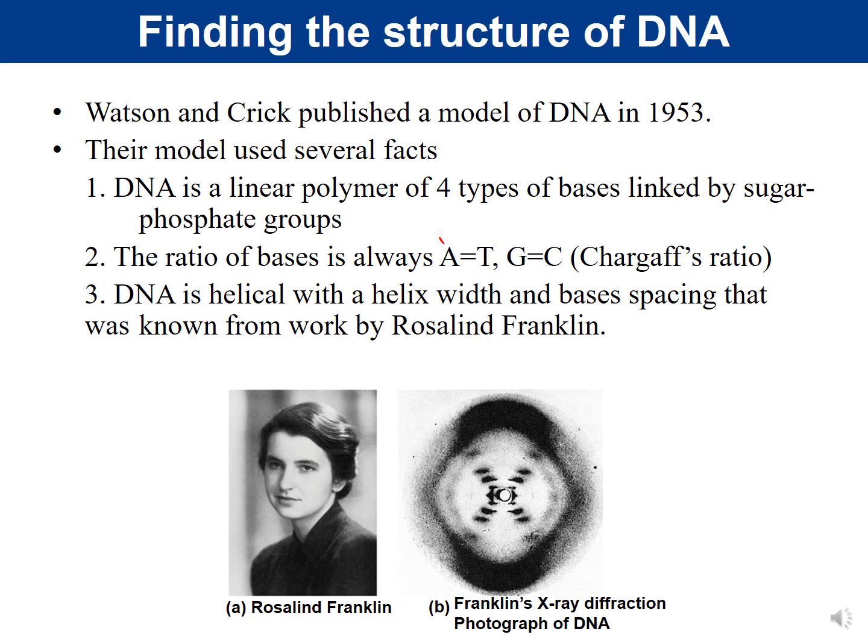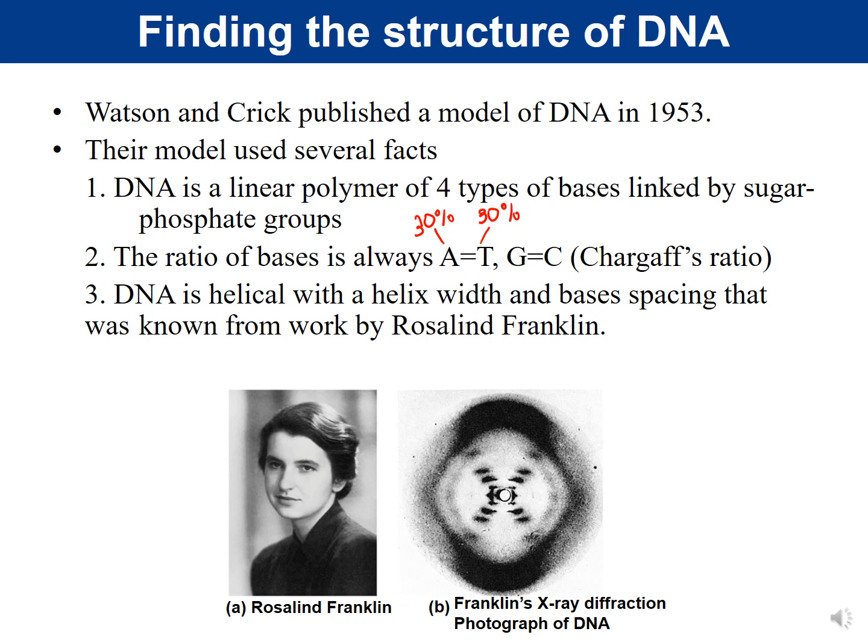So let's say, for example, that overall when they looked at the nucleotides, they found 30% of the nucleotides were A. That means in that organism, they always found 30% T. Didn't matter which organism they looked at. This was always the same. A equals T. There was 30% A's and also 30% T's.